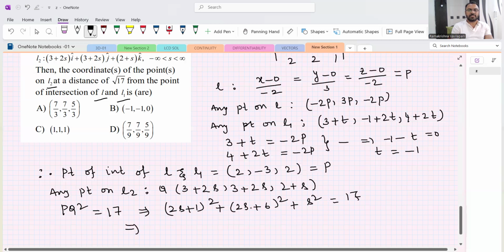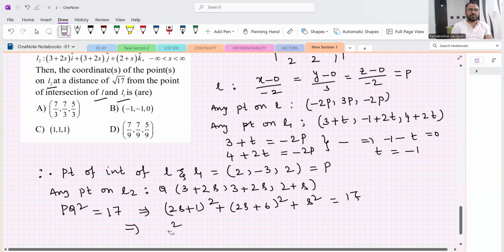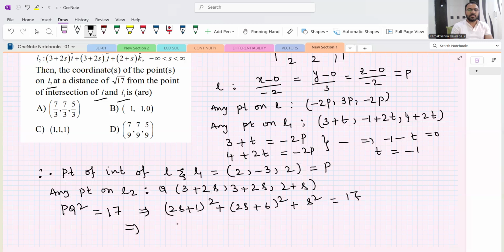This implies 4s square plus s square, nothing but 9s square. This is 4s, this is 24s, so 28s. 36 plus 1, 37. So you will get plus 20 is equal to 0.